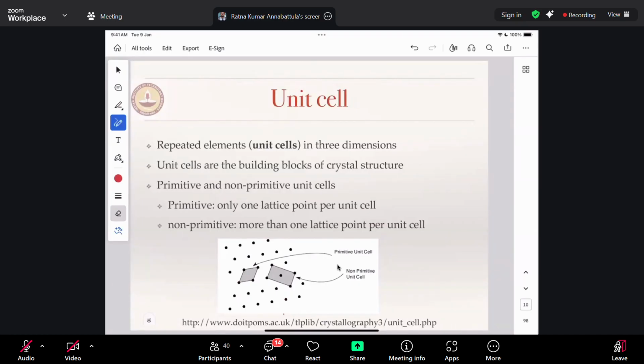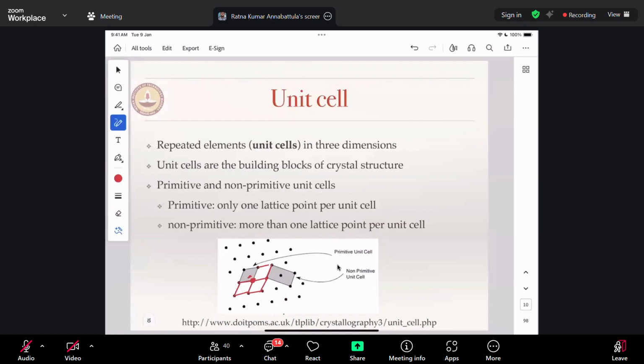Now let us carefully look at this unit cell, and I will draw the neighboring unit cells also. And let us look at this atom, or this lattice point.